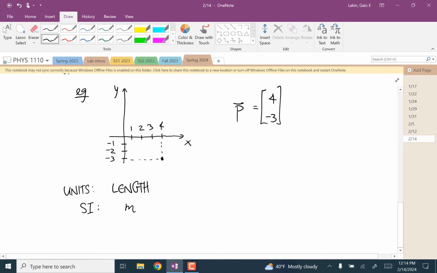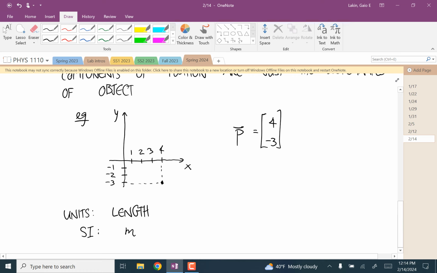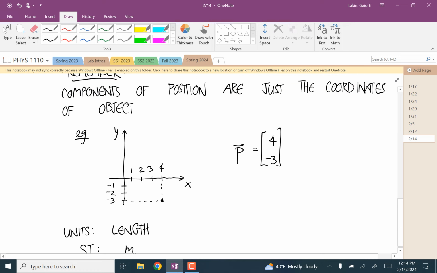And it's exactly the same in 2D. Any questions about the meaning of the position? If you want to visualize the position vector, just think of yourself as plotting the coordinates of the object in the coordinate system that's chosen.